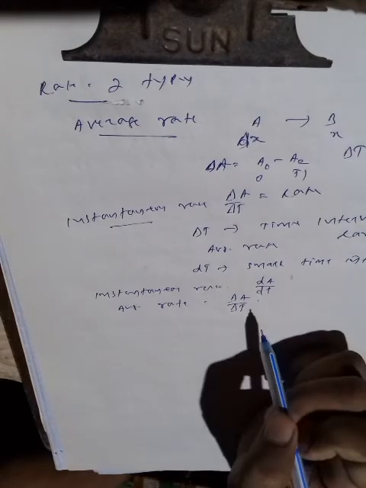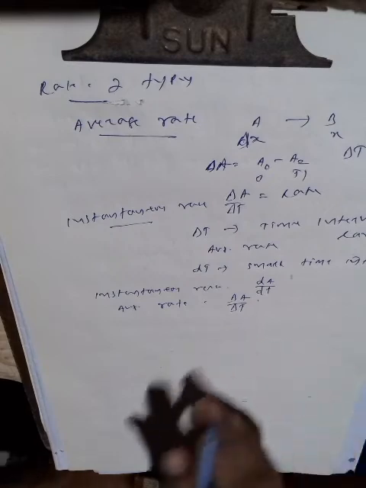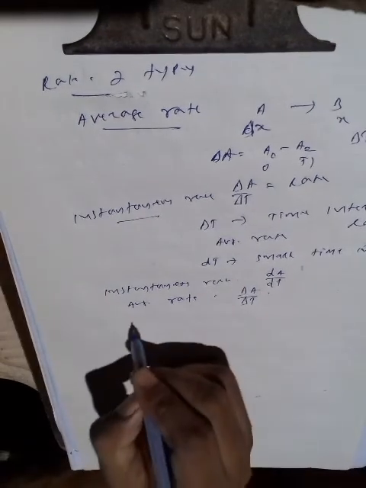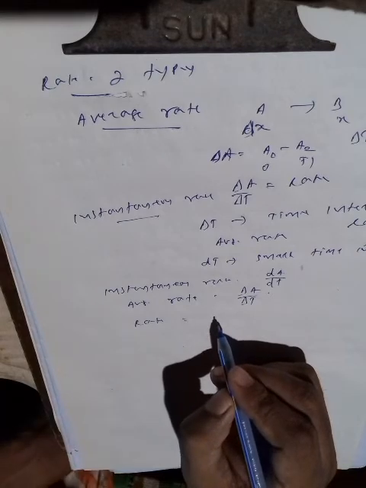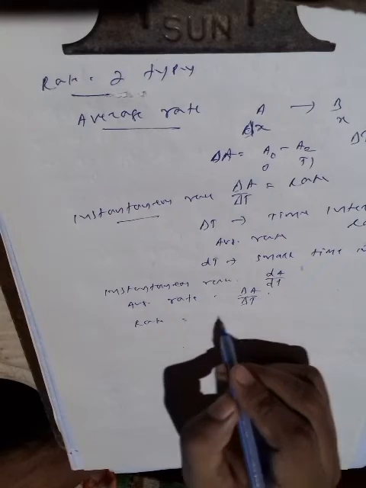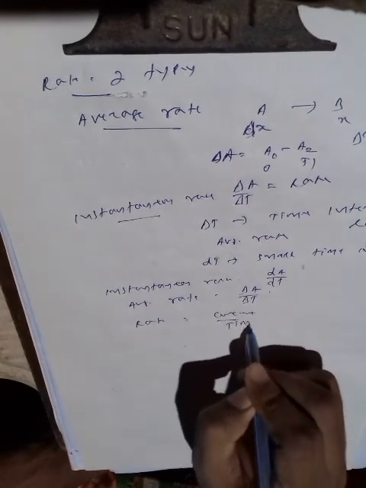Now, what is the unit of rate? Rate is the concentration of the reactant species consumed or the concentration of the product species formed per unit time. So overall, rate is concentration per time.